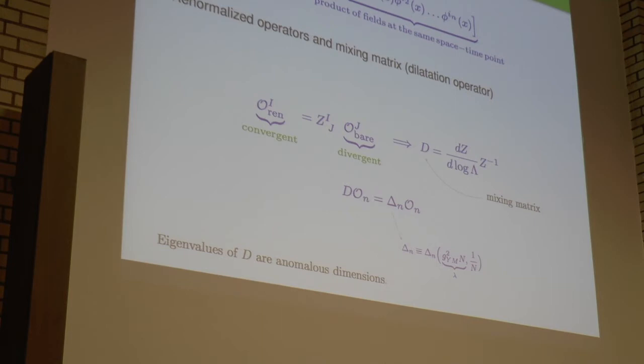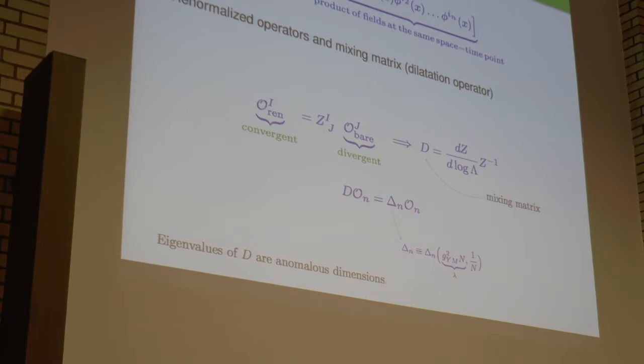which I call the basis of renormalized fields. And if you make this mixing matrix Z dependent on the cutoff in such a way that when you compute the two-point function for the renormalized fields and you remove the cutoff, the two-point correlation function becomes finite, then what you achieved is a finite two-point function.